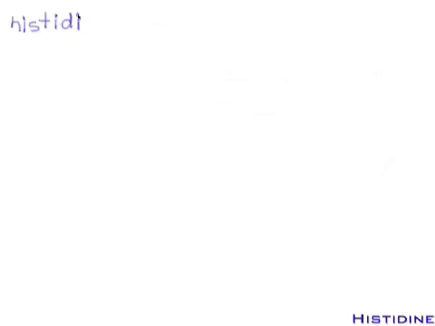Watch for that if I do miss one. Histidine is an essential amino acid. Again, that means it must be consumed in the diet. What's interesting about histidine's structure is I've actually drawn it previously, so I'm going to draw it again as I recall I did previously.